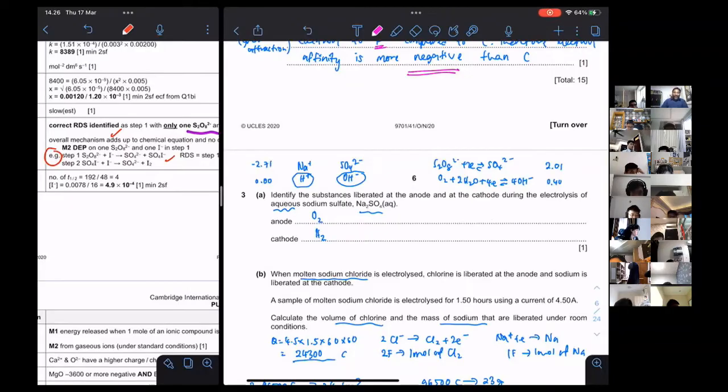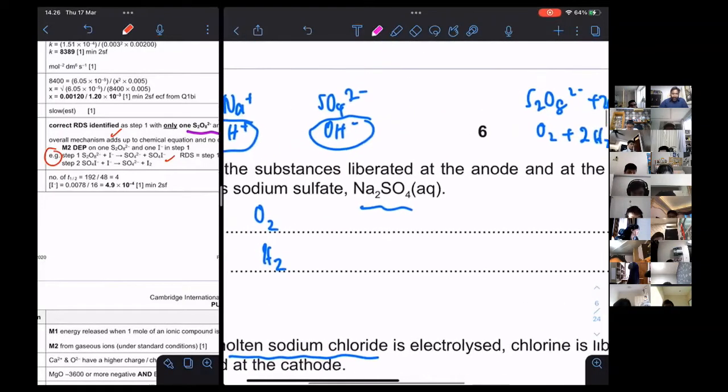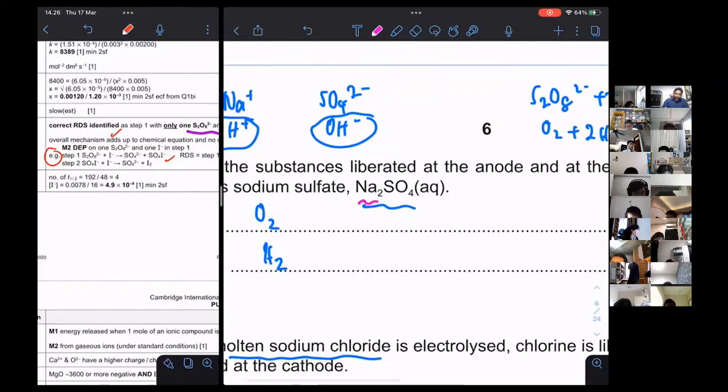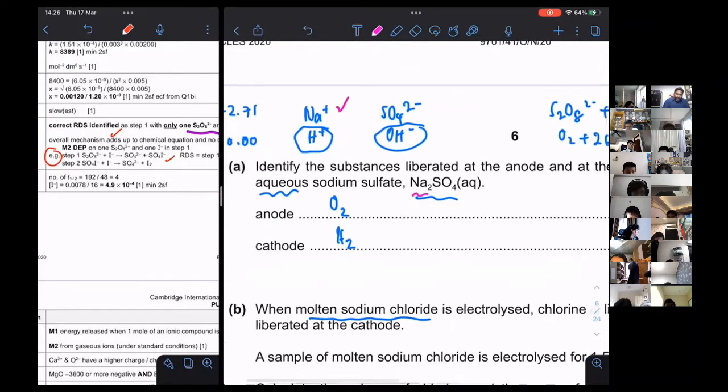For example, if you have aqueous sodium sulfate, the positive ions are the sodium ion, and the water contains H+ and OH-. So there are 2 types of cations. Then you have sulfate and OH-.